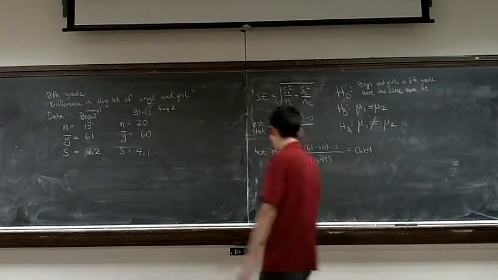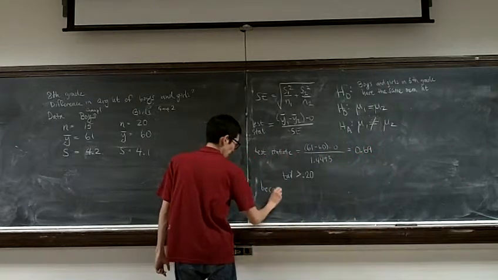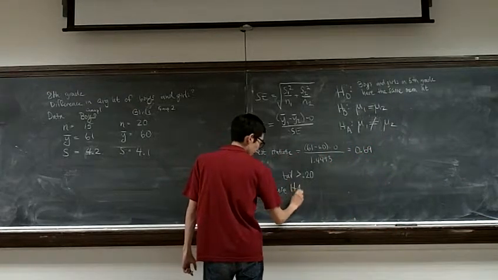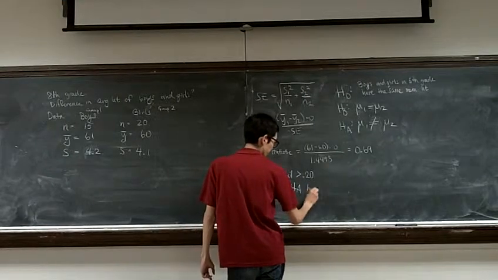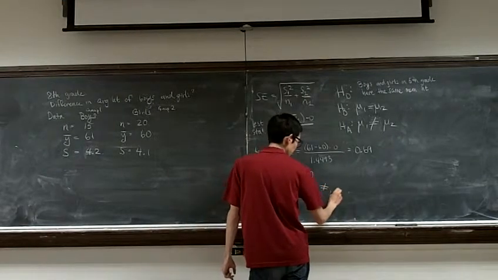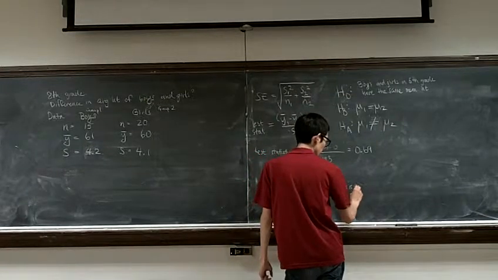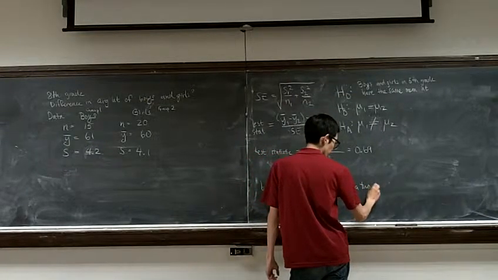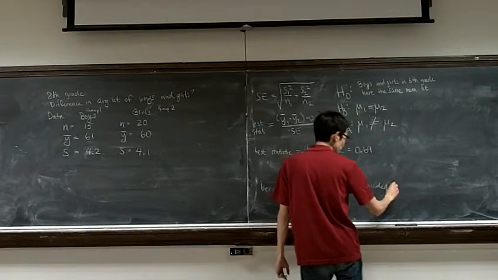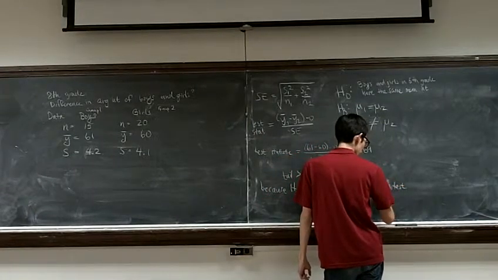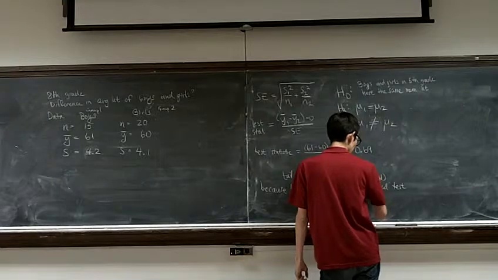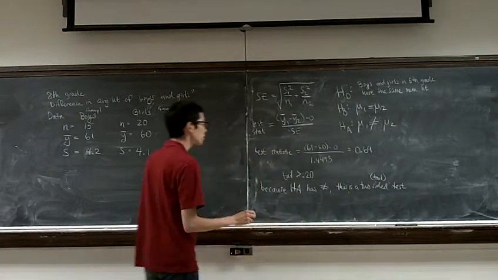Because HA has a not equal sign, this is a two-sided test, or two-tailed test.